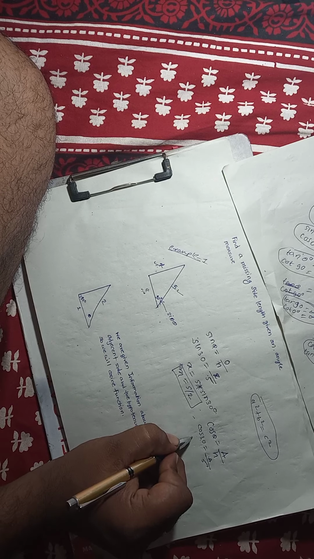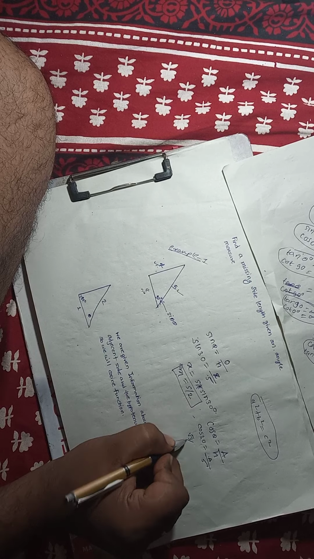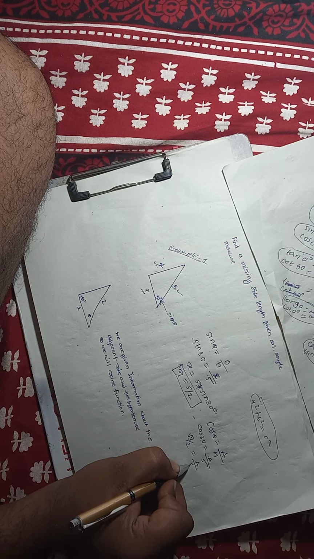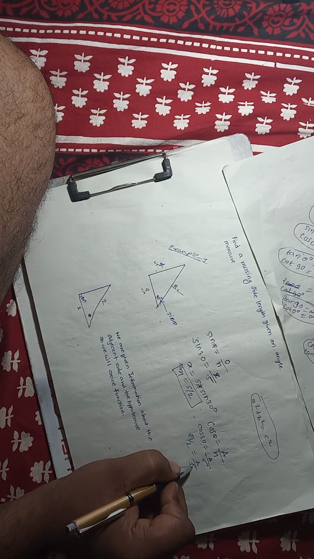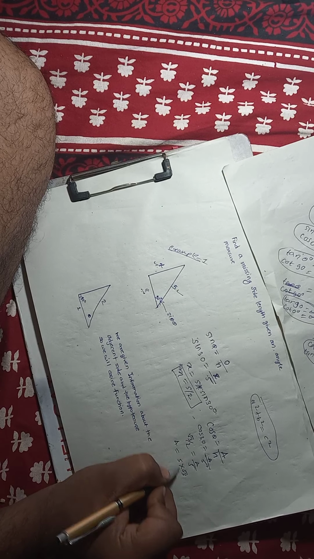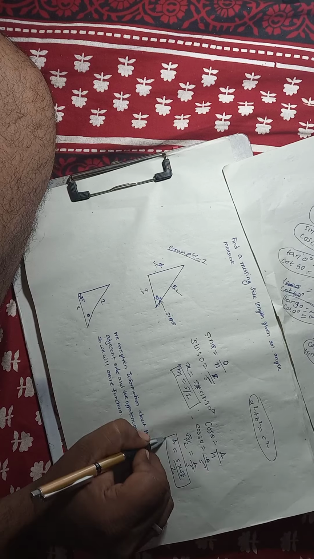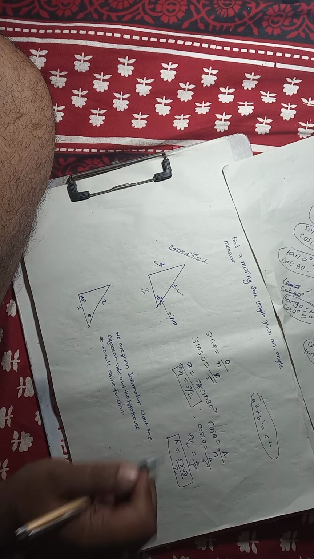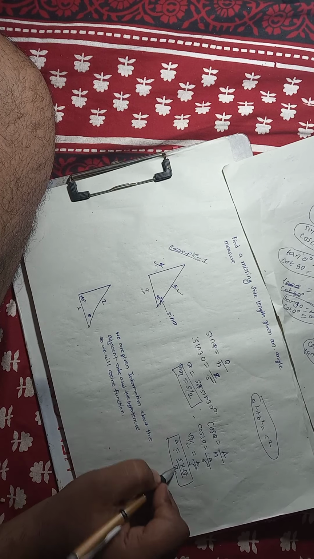So cos 30 is root 3 by 2, equal to a by pi. So now a is equal to pi into root 3 divided by 2. This is the value of the adjacent side. So we have calculated this value on the basis of the table.